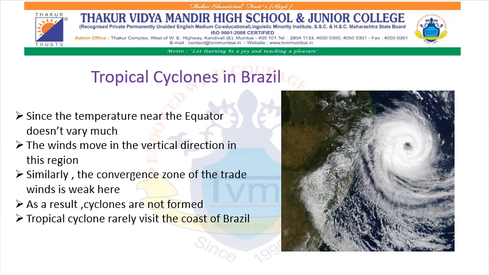That means there's not much difference in the temperature. So here the winds move in a vertical direction. Now the convergence zone of these trade winds is very weak, and because of that cyclones are not formed, and that is why tropical cyclones rarely visit the coastal region of Brazil.